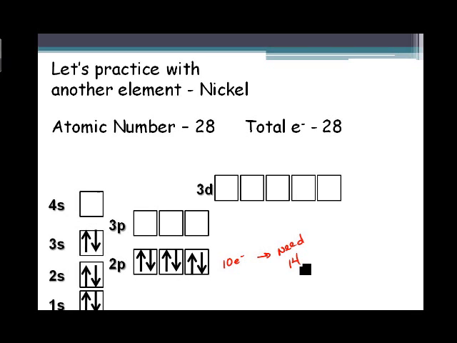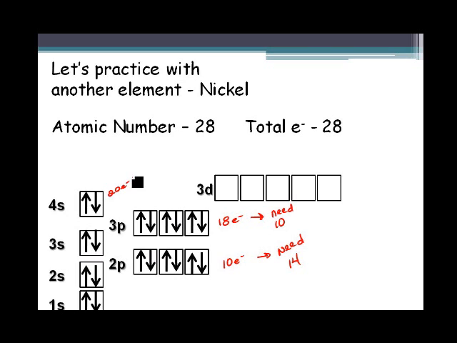So we go 1 up and 1 down in 3s, 1 up, 1 up, 1 up, 1 down, 1 down, 1 down in 3p. At this point, we've placed 18 electrons, meaning that we still need to find a home for 10. So we put 1 up, 1 down in 4s, bringing us to 20 electrons. So we'll fill the 3d sublevel with 8.